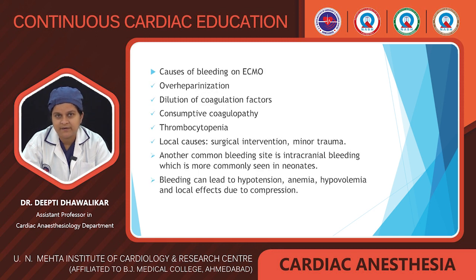Overall, the causes of bleeding on ECMO are overheparinization, dilution of coagulation factors, consumptive coagulopathy, thrombocytopenia, and any local causes like surgical intervention or minor trauma. Another common site of bleeding is intracranial bleeding, which is most commonly seen in neonates. Bleeding can lead to hypotension, anemia, hypovolemia, and local effects due to compression.